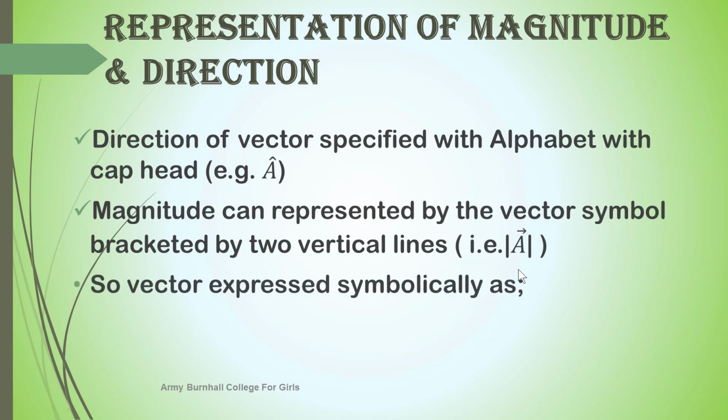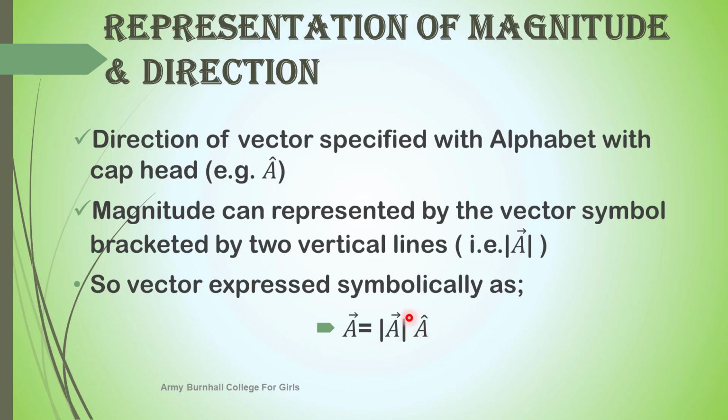So vectors can be expressed symbolically as follows. For complete specification of a vector we need its direction and its magnitude. So the vector can be represented as magnitude multiplied by direction.